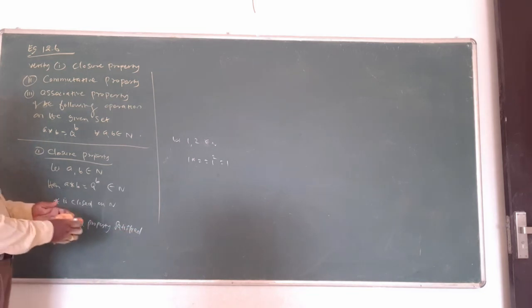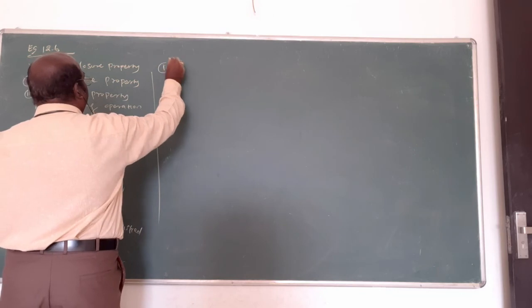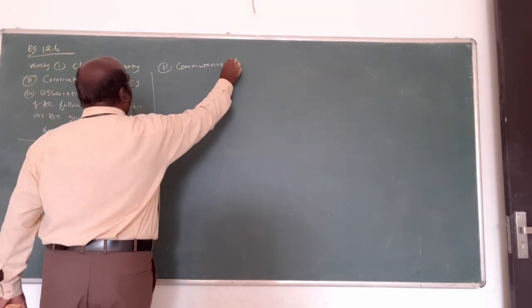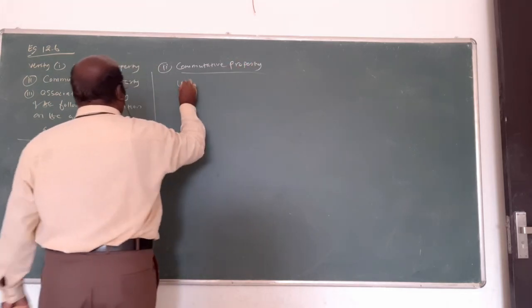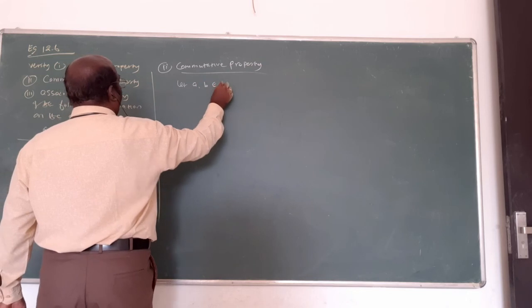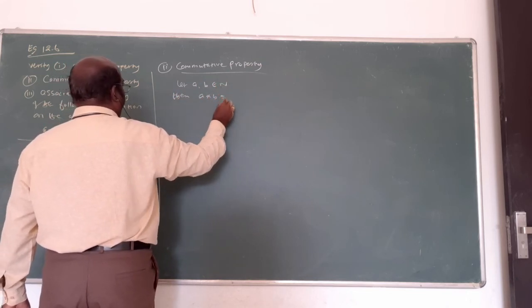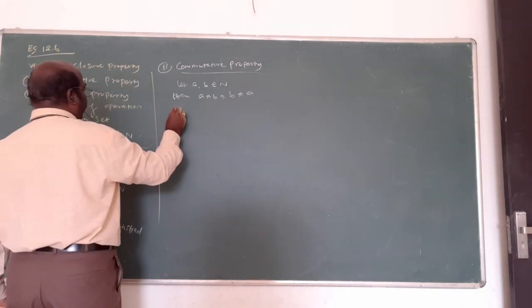First of all, then commutative property. When a, b belong to N, then a star b equals b star a. This is the commutative property. Now I am starting with LHS.